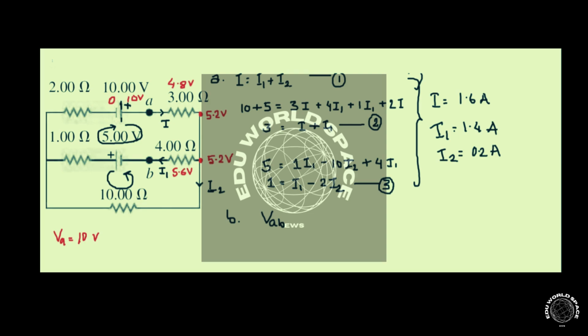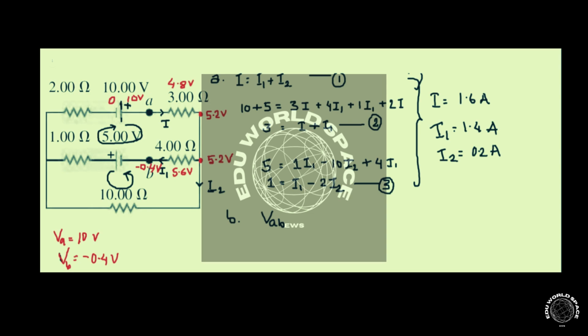So point B should have a potential of minus 0.4 volts, so that the potential difference between this point and this point becomes 5.6. So the potential at B equals minus 0.4 volts. I forgot a V here.